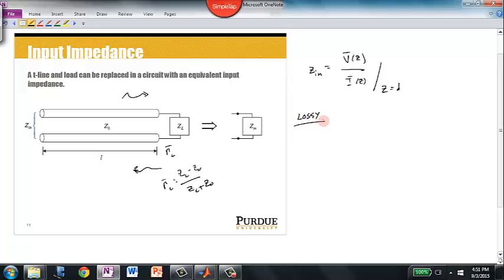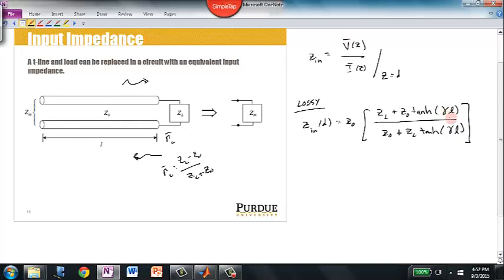So the general formula for input impedance along a transmission line is Zin(d) equal to the characteristic impedance times this big quantity that is load impedance plus characteristic impedance times the hyperbolic tangent of the complex propagation constant times L, divided by the characteristic impedance of the T-line plus the load impedance times the hyperbolic tangent of the complex propagation constant times the length.